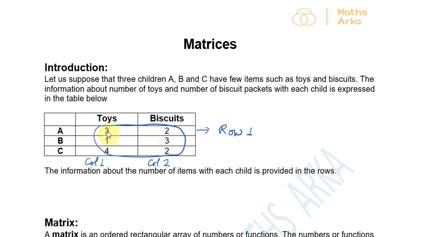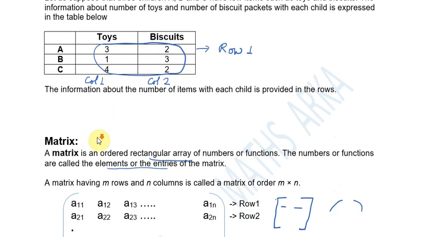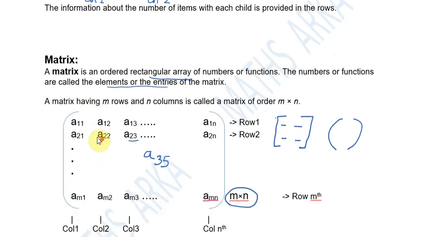So we started with the introduction of a real life example. Whatever things are given in the table, the actual information that is given, that is called a matrix. The mathematical definition we received is that a matrix is an ordered rectangular table of numbers or functions, and it is denoted by rectangular or curly brackets.